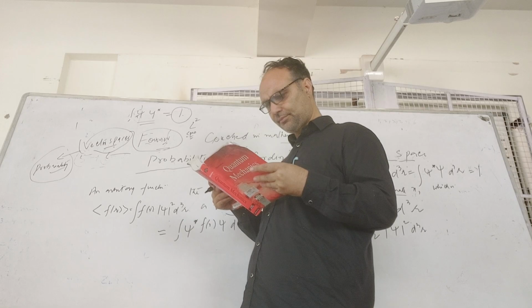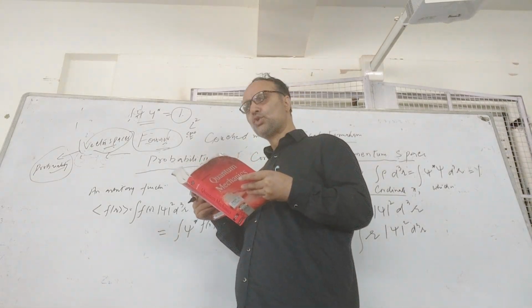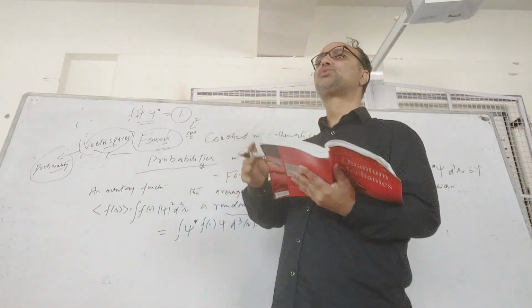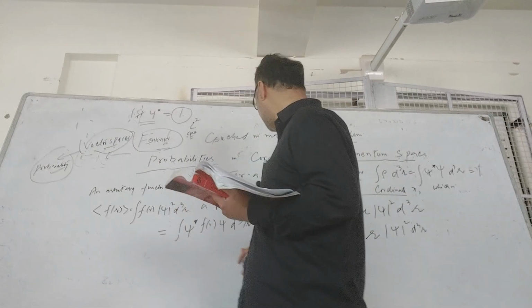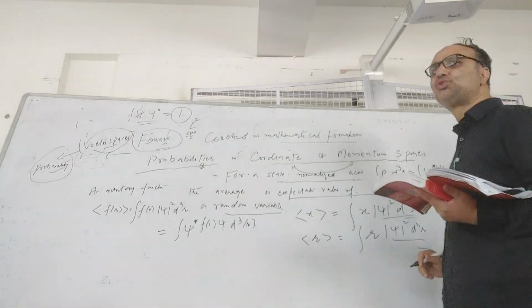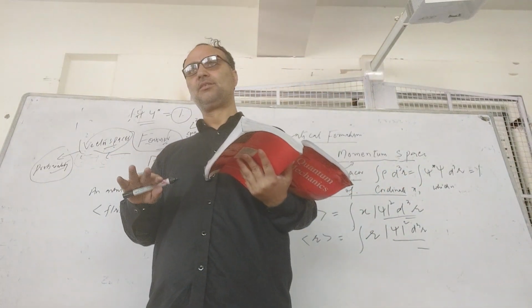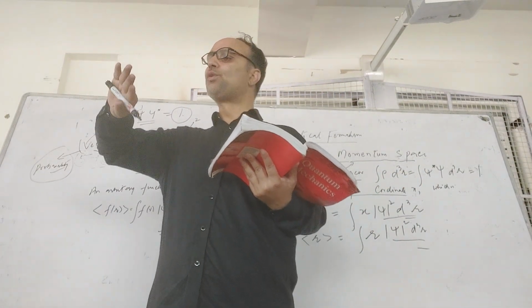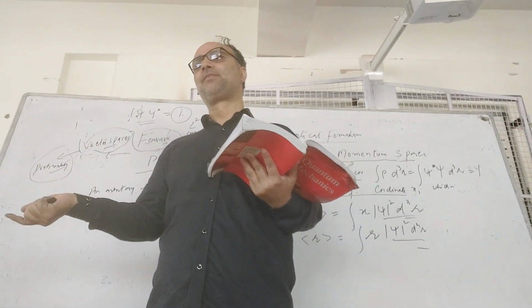So what we are going to do in the next 2-3 steps, we are only going to represent how we can write this quantity in something called position space or in momentum space, or how we can go from position space to momentum space and vice versa.